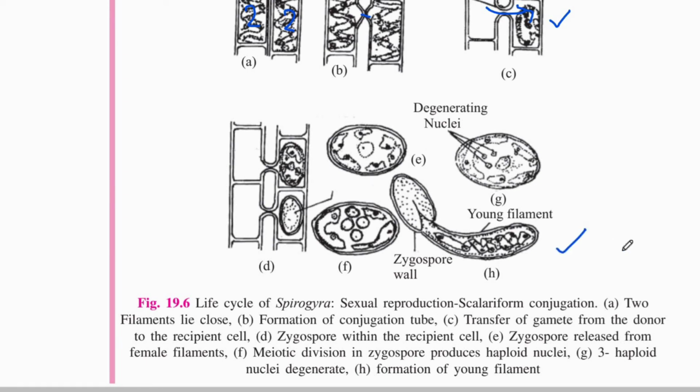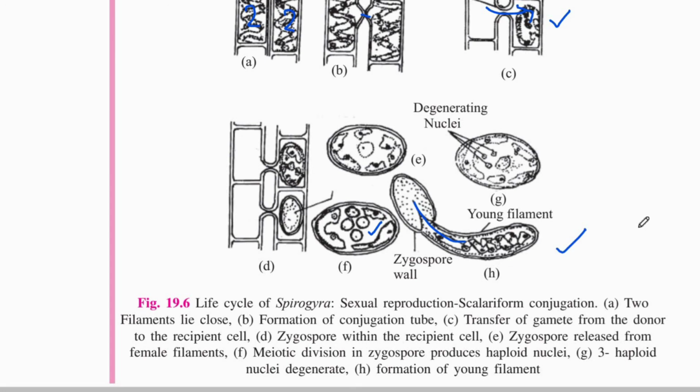See, these are the four haploid nuclei formed after meiosis, and among the four, three degenerate. One will undergo germination, and it will give rise to the Spirogyra filament.